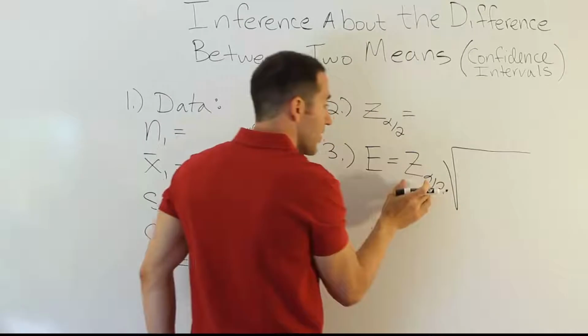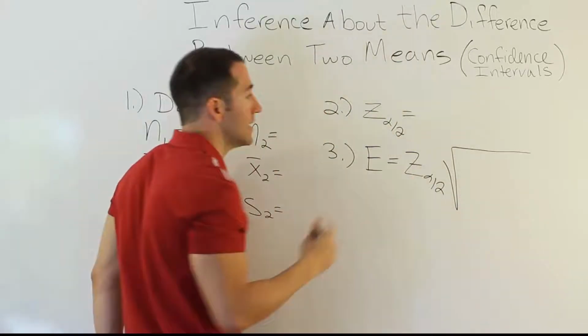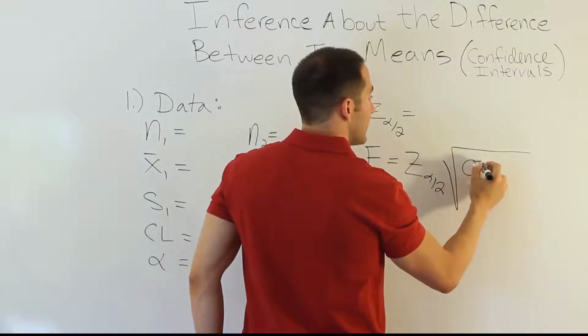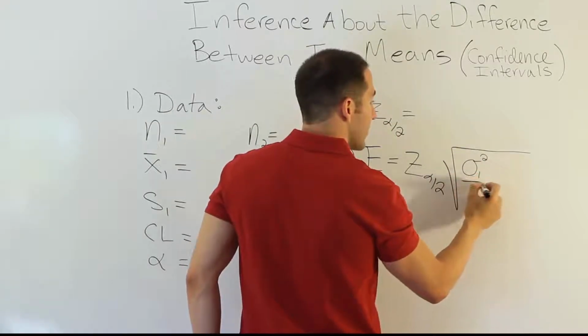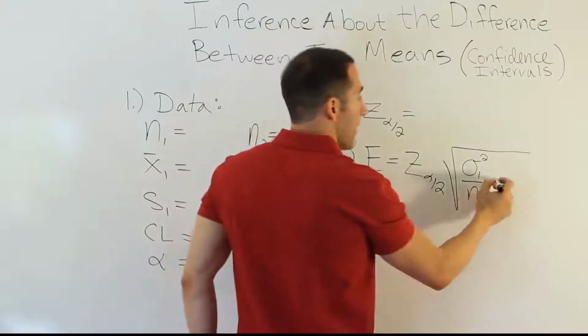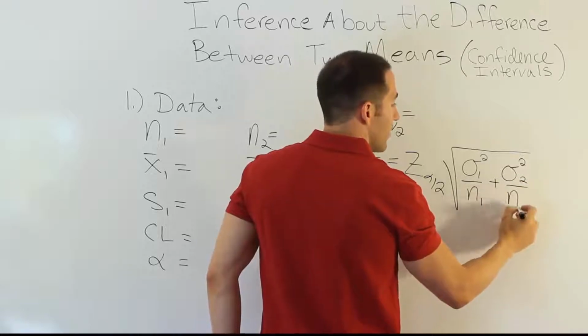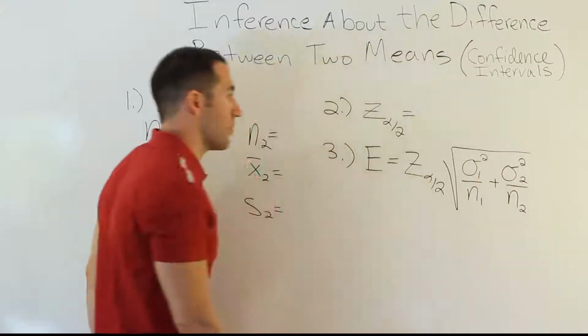We still have the same concept, table value times the standard error, but the standard error is a little more complicated. It's actually going to be this formula: sigma squared for the first population over the sample size used from the first population, plus sigma squared for the second population over the sample size used for the second population.